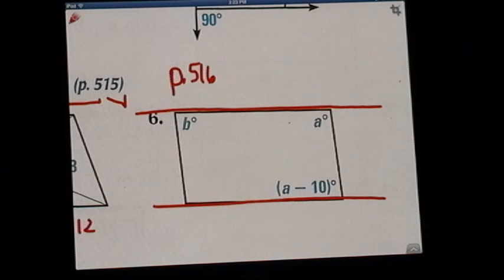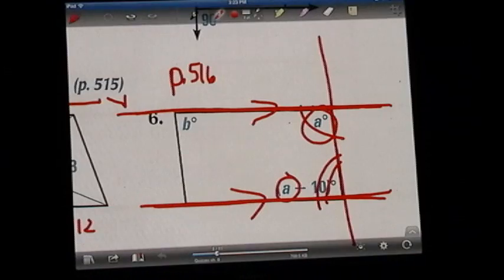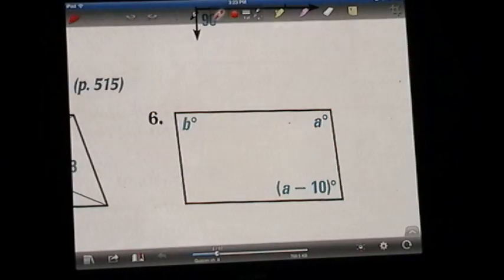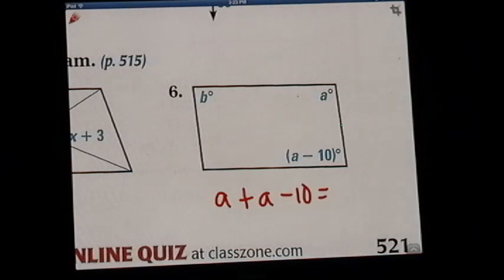We have an A down here and an A up here. Consecutive means in a row. We remember if these are parallel lines, it's a parallelogram, and this is a transversal. You should still remember consecutive interiors are supplementary. I should put 2 arcs there. Let me get all this off of here so that we can see what we're doing. So we would say A plus A minus 10 is equal to 180.